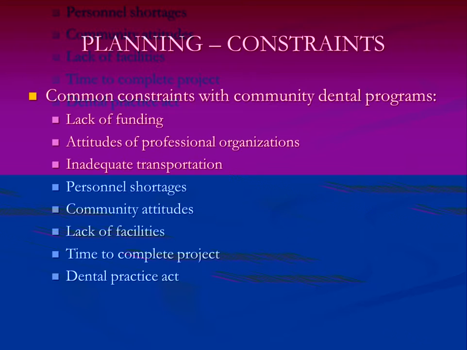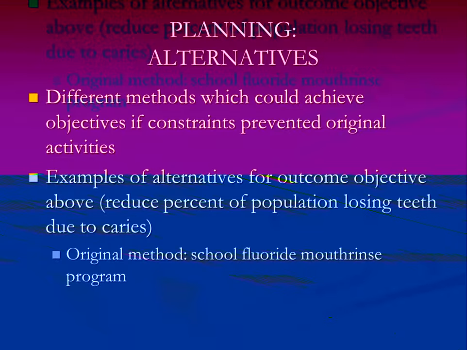So that's where the Dental Practice Act is definitely a constraint with some oral health promotion projects. So if we identify constraints, then we can start thinking about alternative ways that we can achieve our goal and our objectives.